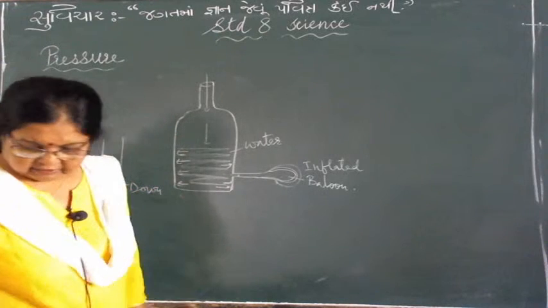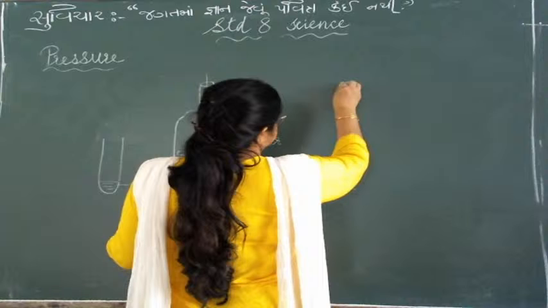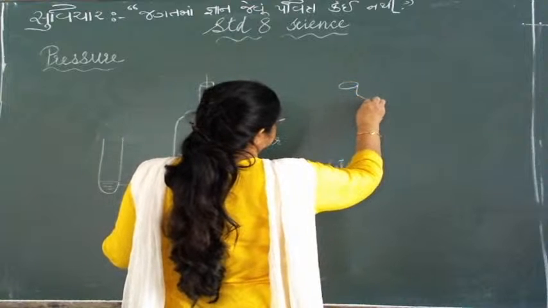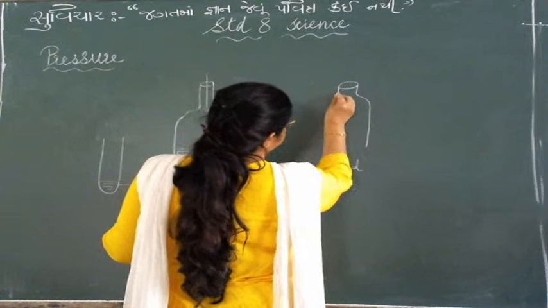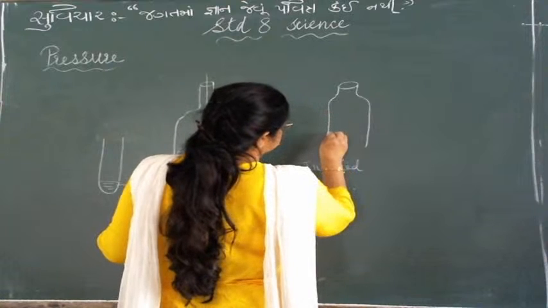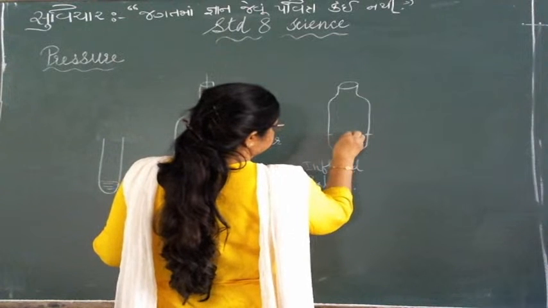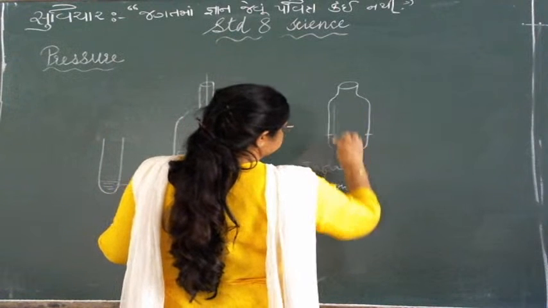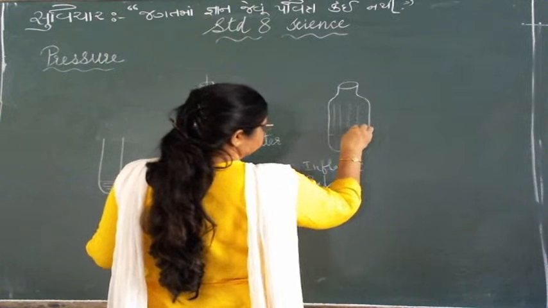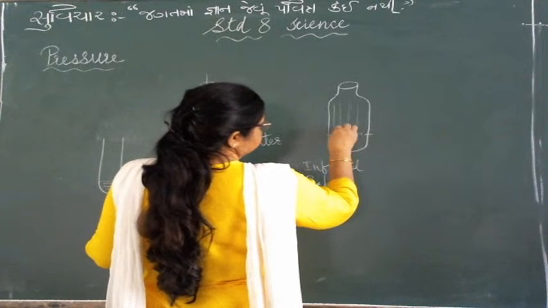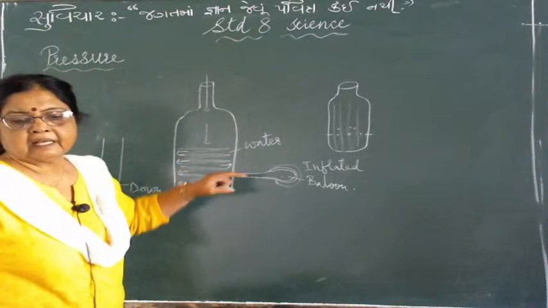Like this bottle, you make a hole here, other side also you make a hole, and the holes are at the same level, 3-4 holes as shown in the figure.